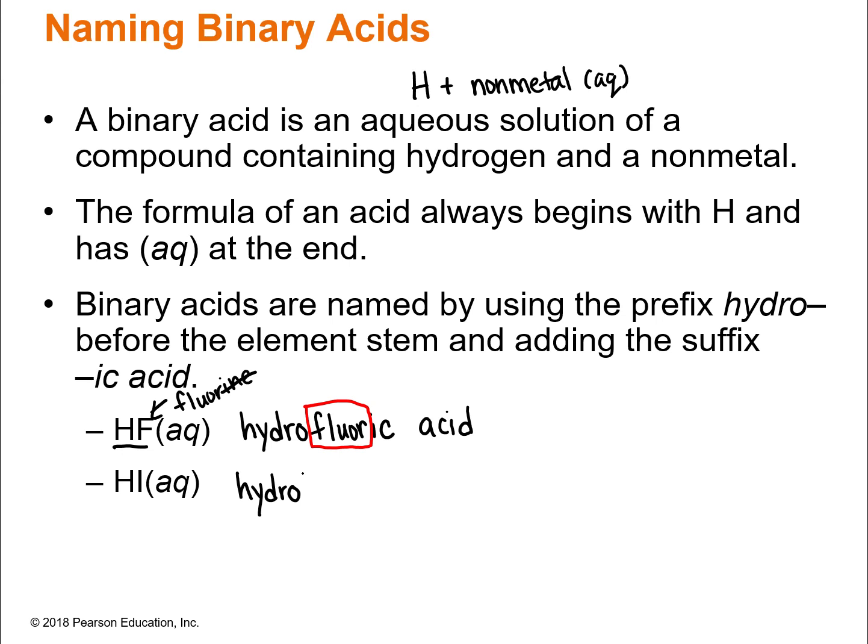I'll do that again. Always start with hydro for a binary acid. This time the nonmetal is iodine. We're just going to keep the iod. We follow that with the suffix IC, and write the word acid.